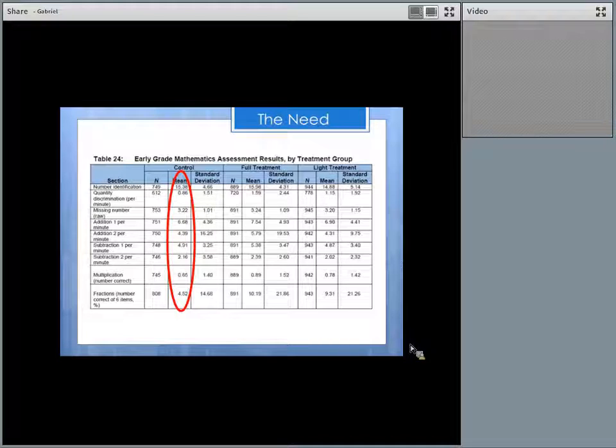And they were unable to identify missing numbers in a series at a level that would suggest proficiency with understanding of early number concepts. So a range of challenges with early mathematics development. Next slide.